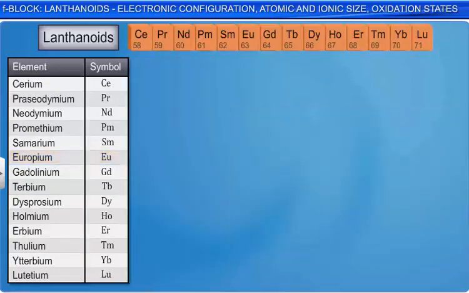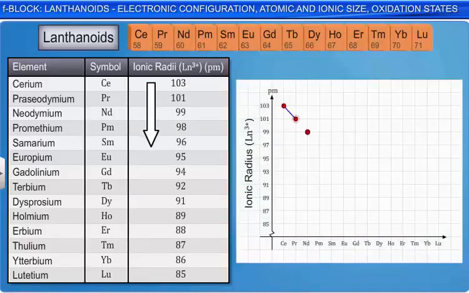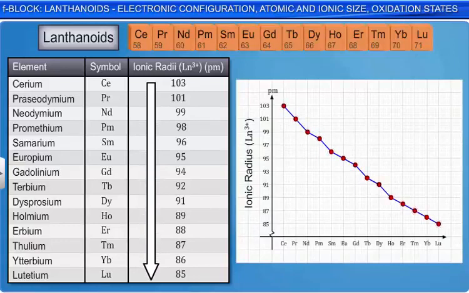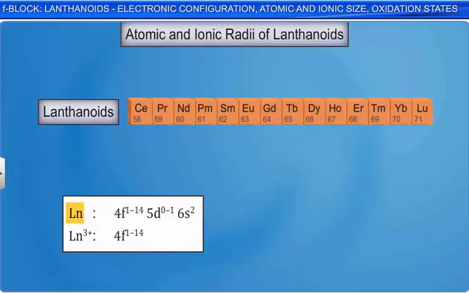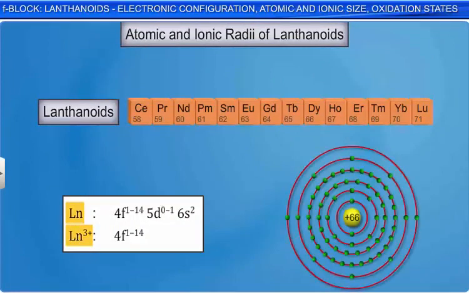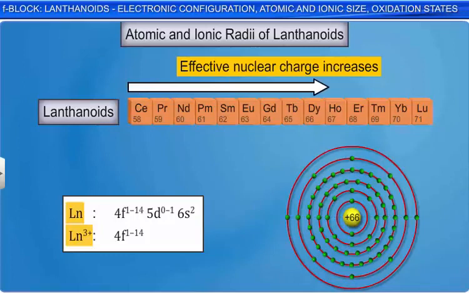The ionic radii of the trivalent lanthanoid ions, in contrast, exhibit a smooth decrease. In lanthanoids and their trivalent ions, the effective nuclear charge experienced by the outer electrons increases with an increase in the atomic number due to the poor shielding of the f electrons.